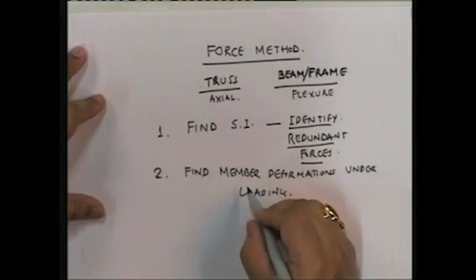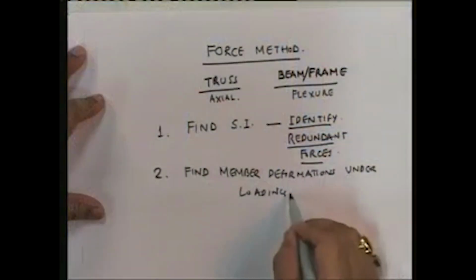The way you find out the member deformations if you have a loading is that you find out the member forces by solving the statically determinate problem, and based on that, once you know the member forces, for example, if it's a truss member, it's axial force, the axial deformation is given by PL upon EA.